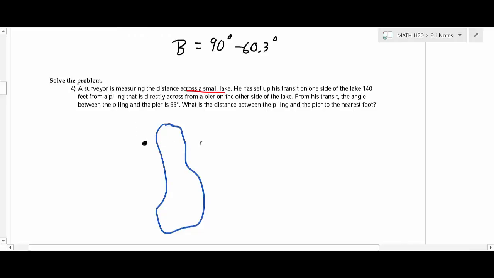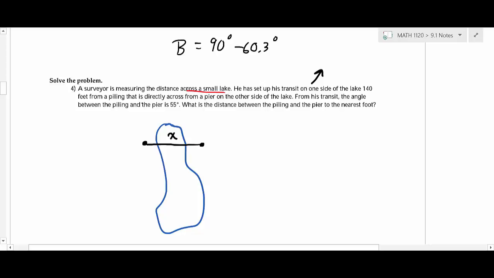So we've got something there, and we've got something there, and we're going to let that be our variable right there. That's our x. So we're going to find the distance across a lake. Okay, so it says he sets up his transit on one side of the lake, 140 feet from the piling. That is directly across from a pier on the other side of the lake.